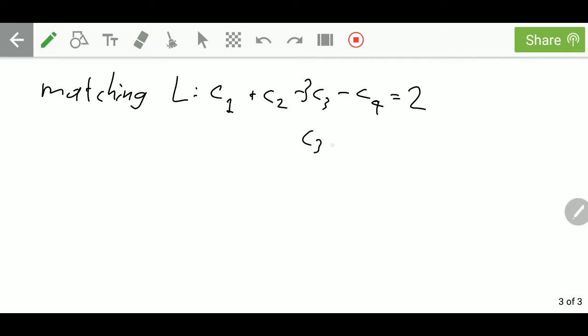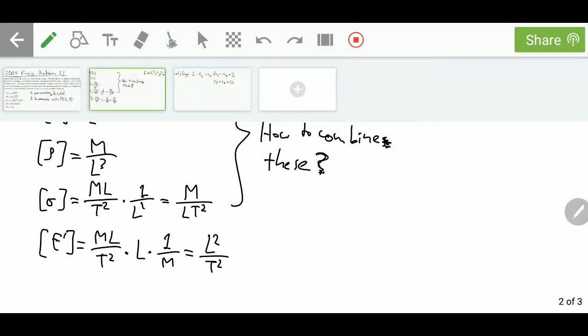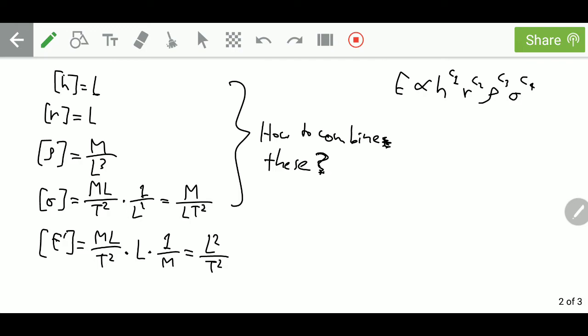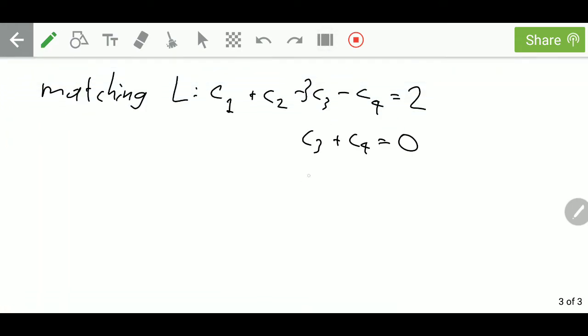And finally, matching the time coefficients, it's actually just sigma, so we get negative 2 c4 equals negative 2. From the third equation, we see that c4 is 1. And then we get c3 is negative 1.